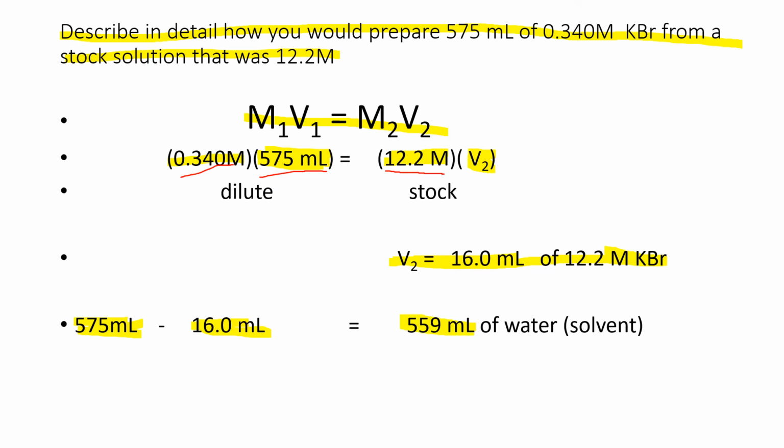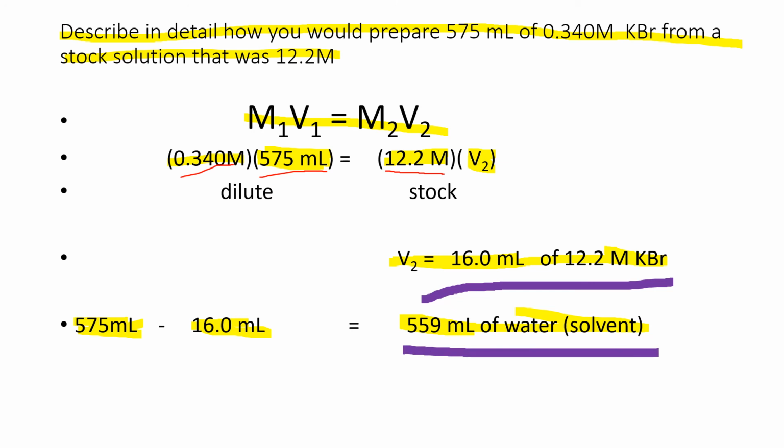Well, what does that represent? That's how much of your solvent you would have to add. In this case, our solvent is water. So in order to really make the solution, here is what you would have to combine. You would take 16 milliliters of your 12.2 molar KBr and combine that with 559 milliliters of water.